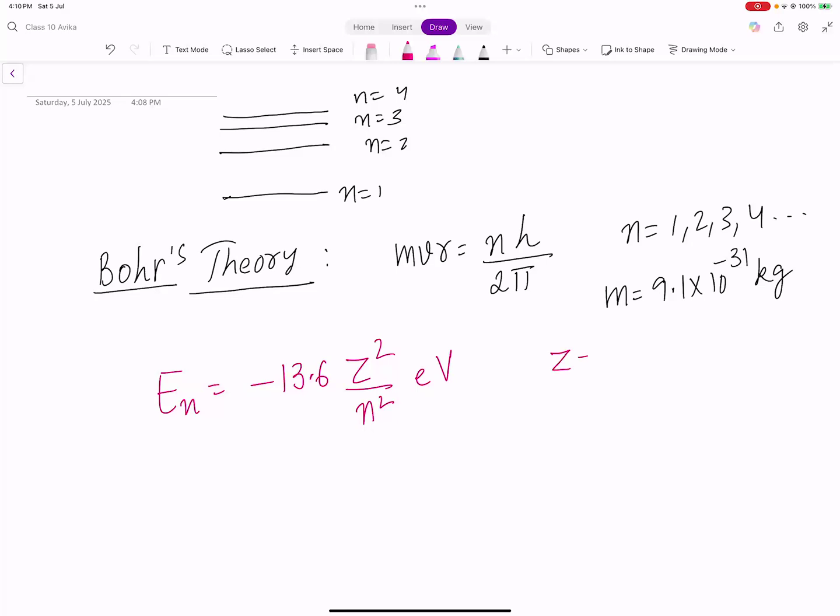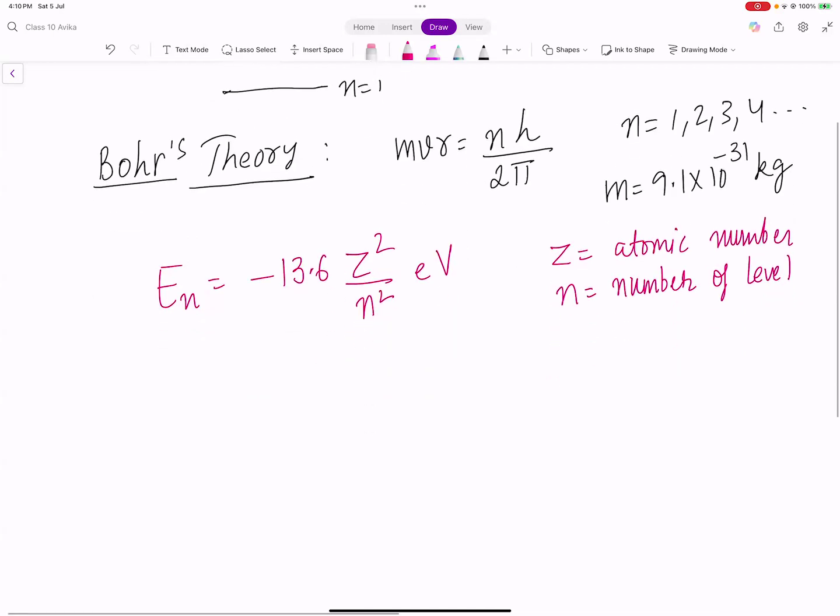Z is equal to atomic number, N equal to number of level, which level it is in. This is the energy of this. There's a fancy way of writing this also. It is like E naught Z square by N square EV.